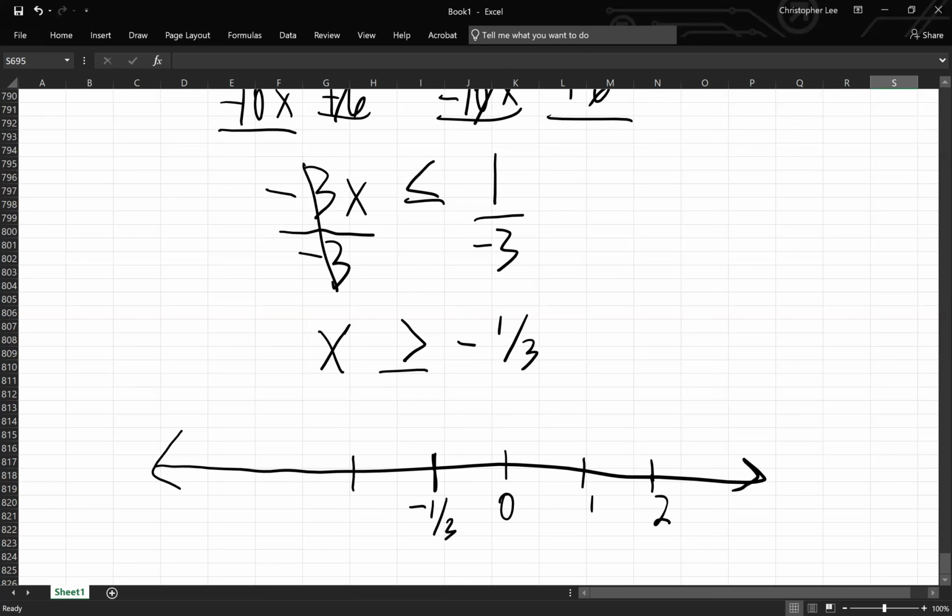Negative numbers smaller than negative 1/3, let's say negative 1, negative 2. All right, you get the idea. I'm gonna use the bracket this time, right? So we have our open bracket, and we're greater than or equal to, so we're gonna be shading to the right. And that's it.